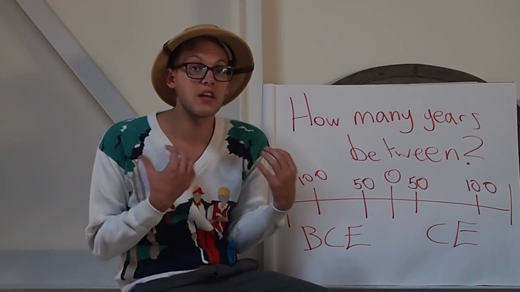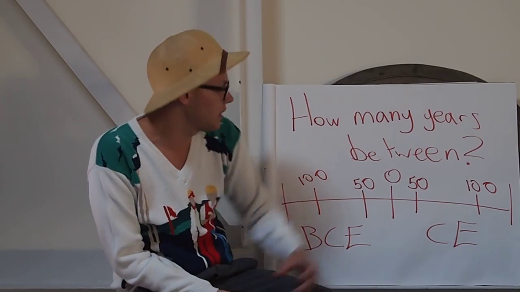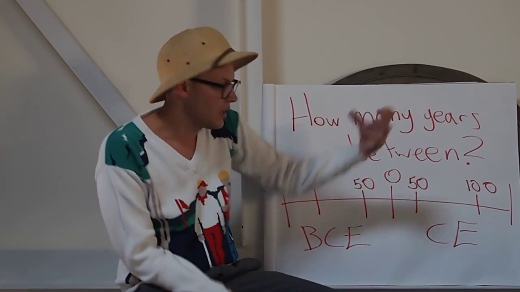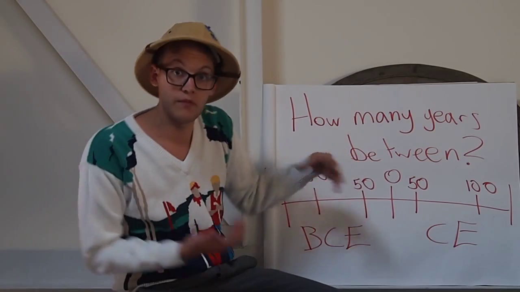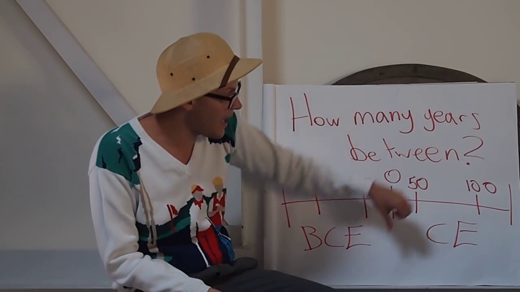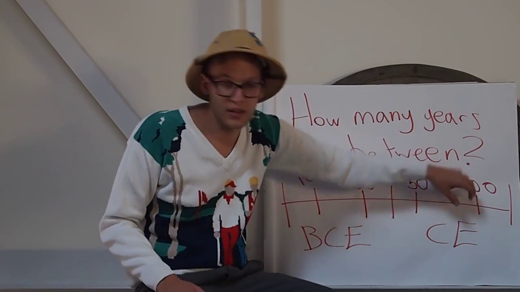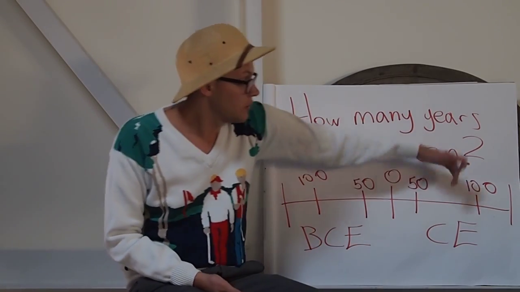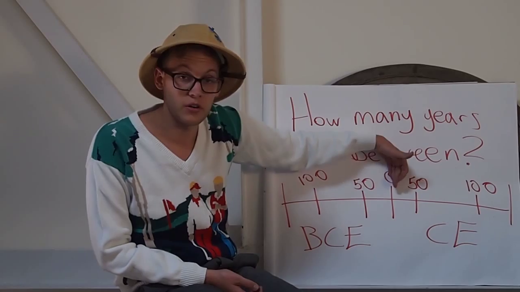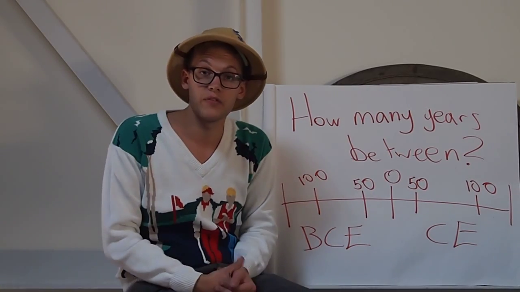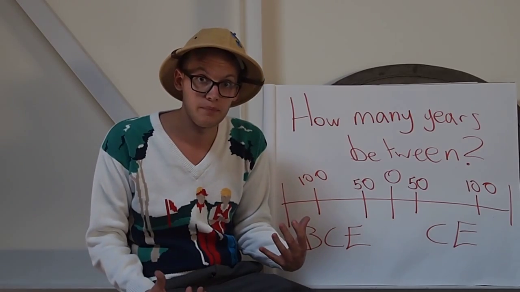So, looking at a number line, an integer line, we have to see how many units, how many years it is on this side of 0, 50. Add that to how many units or years the second number is from 0. So 100 years from 0 and 50 years, showing that it is 150 years between the two.